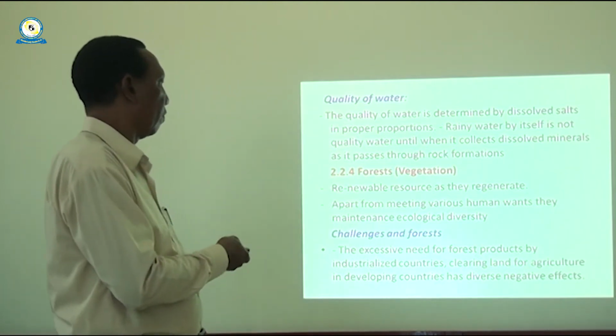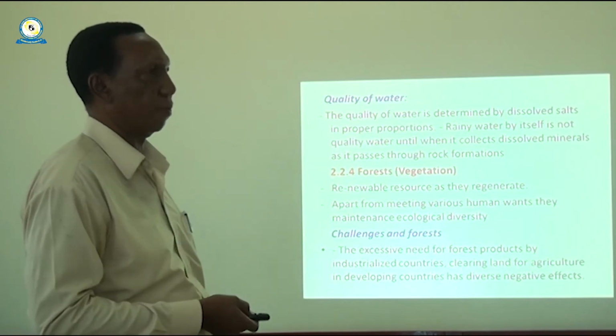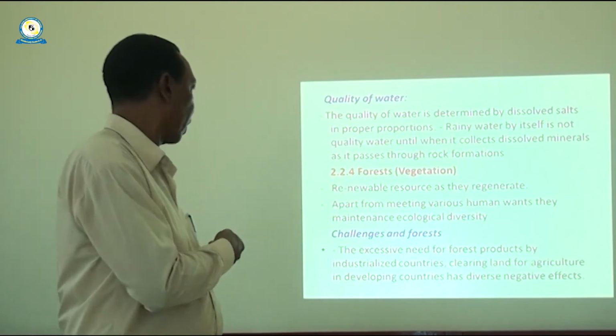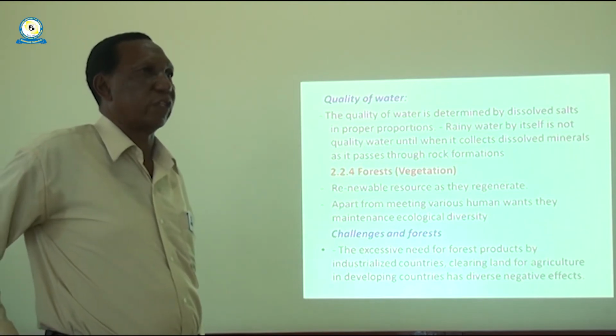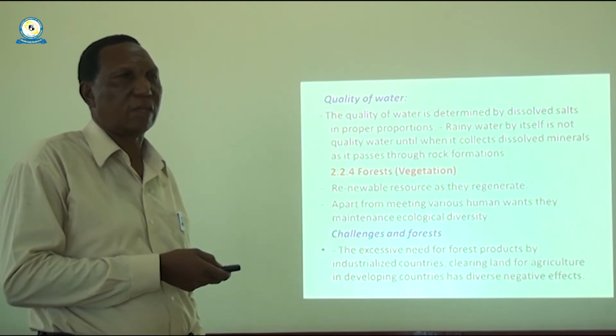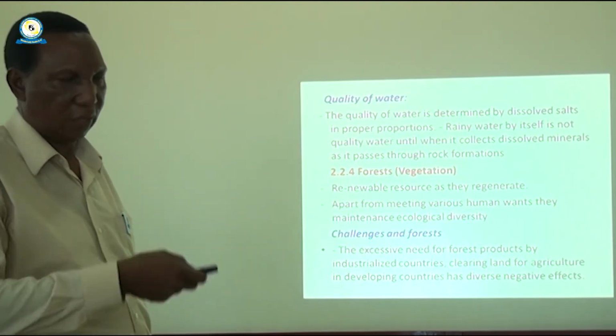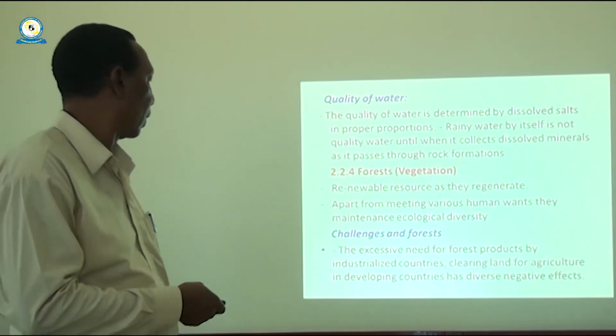Apart from meeting various human wants, they maintain ecological diversity. So this is very important, as we shall see later, because without forests, life on planet Earth is under threat. So we shall come across the impacts of challenges later.